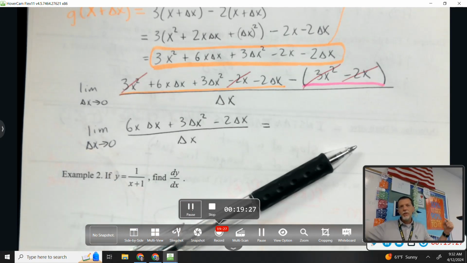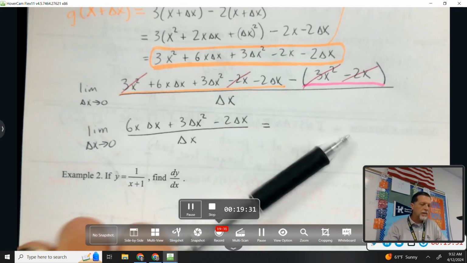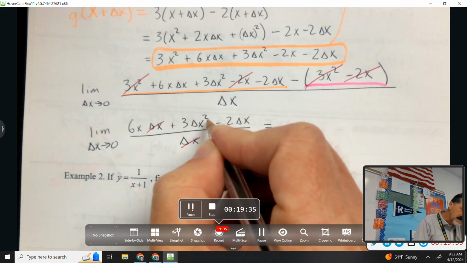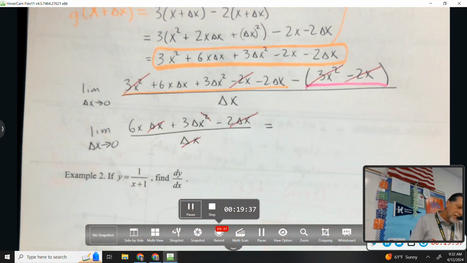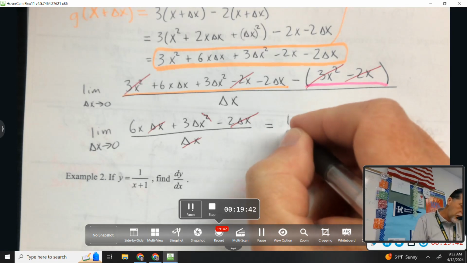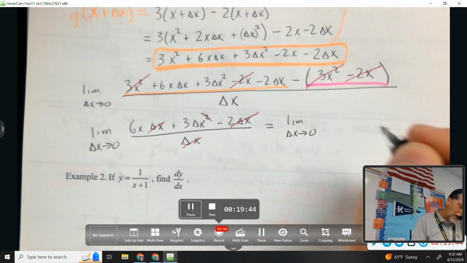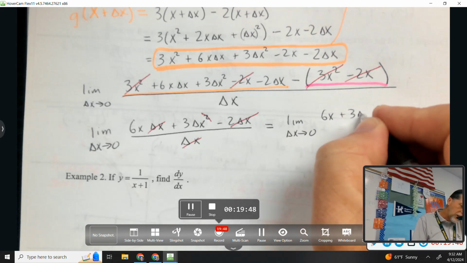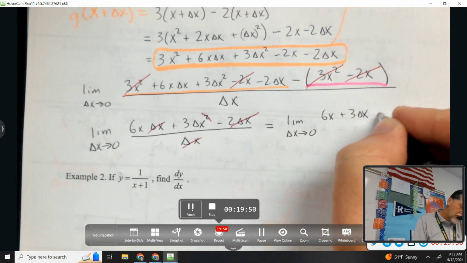We just mean we're getting closer and closer. So that's a great comment. It would make it a hole. Let's be careful on this term because, and again, some of you are going to start skipping steps. I don't want to do that yet. 6x plus 3 delta x minus 2.